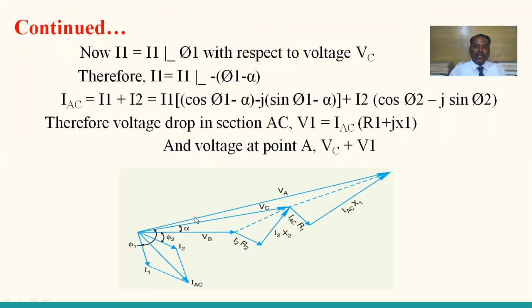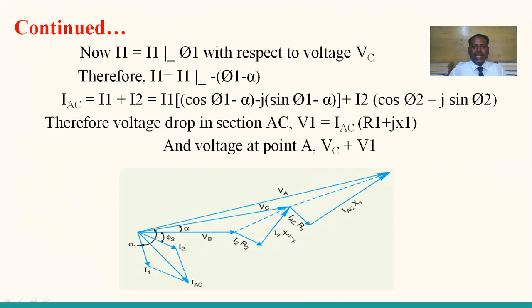So VA is the voltage available at the sending end, which is equal to VC plus V1, where VC is VB plus V2.